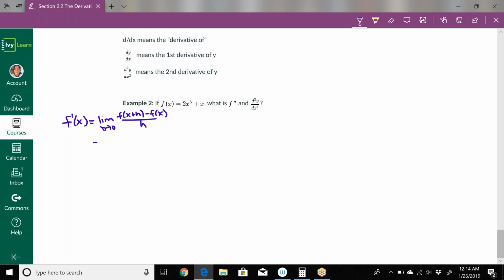So the limit as h approaches 0, this is going to be my f prime of x, and we have to plug in x plus h for all of the x's in that function. So 2 times (x plus h) cubed plus (x plus h), that's my first evaluation, minus, now we're going to plug in x, which means we just write the function. But you do have to have that minus sign, all over h.